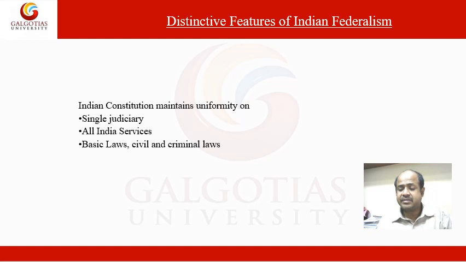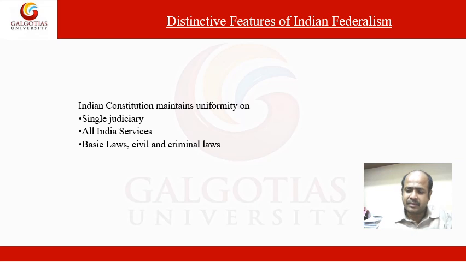And another distinctive feature is the single judiciary, as we have seen already. Here there is no separate state judiciary or federal court. If you see the USA, there are two sets of courts and two sets of police, federal police or the US police. But in India, police are there, but there is no such dual judiciary.